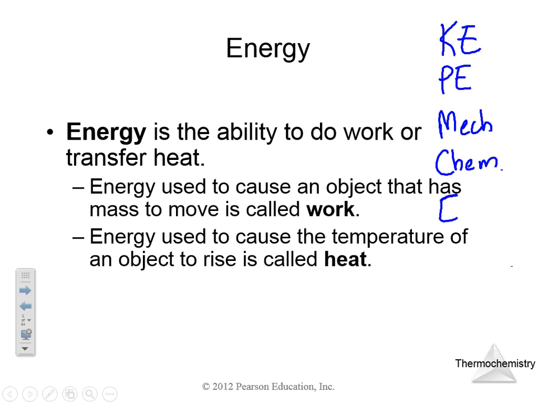There's electrical energy. There's nuclear energy. So those are just a couple of the different types of energy that you can have. So we're going to talk about energy, what causes energy, where do we get energy in atoms, and where do we get energy in chemical systems.